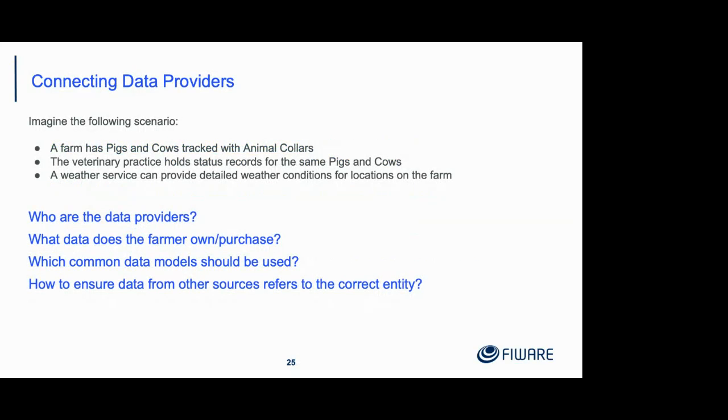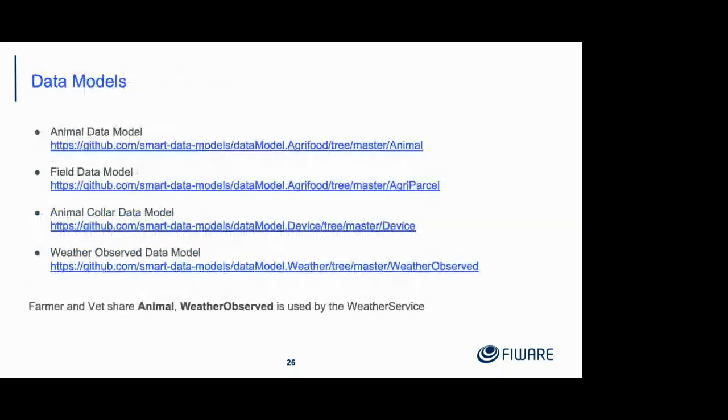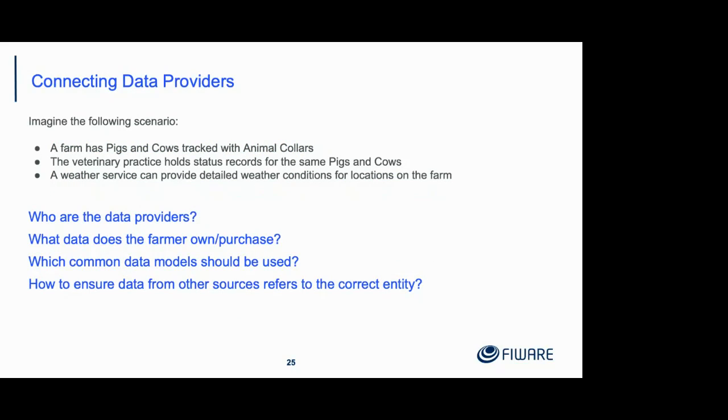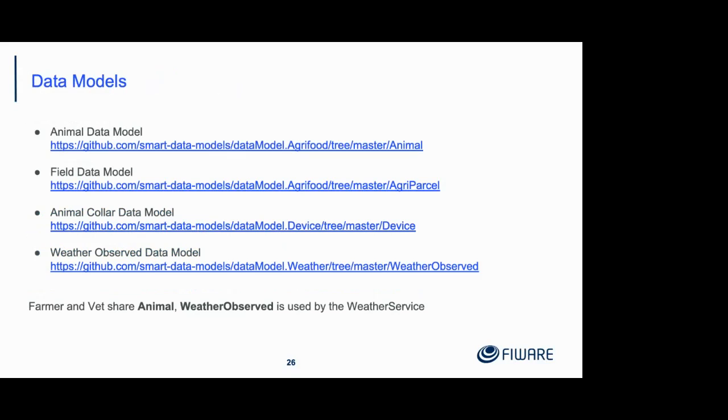Now, the weather service is obviously someone else. So, pigs and cows tracked with animal collars means that the animal collar is going to be a data model based around device. However, device is not necessarily going to hold, or have well defined within it, all of the elements which are required for an animal collar.